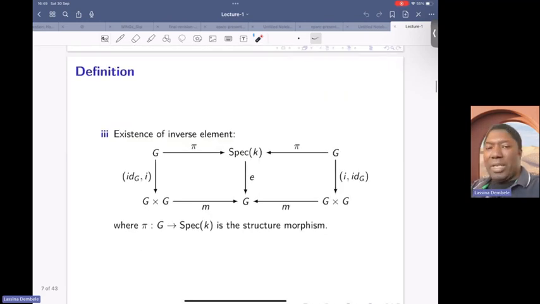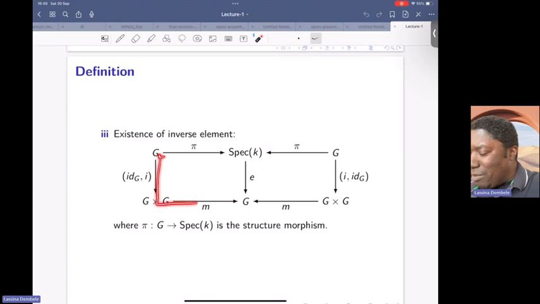And the third property that we require is the existence of inverse elements. And having an inverse element means that we have this commutative diagram here. So if I start with an element x in my group, and then multiply that element by its inverse, I'll get the identity.